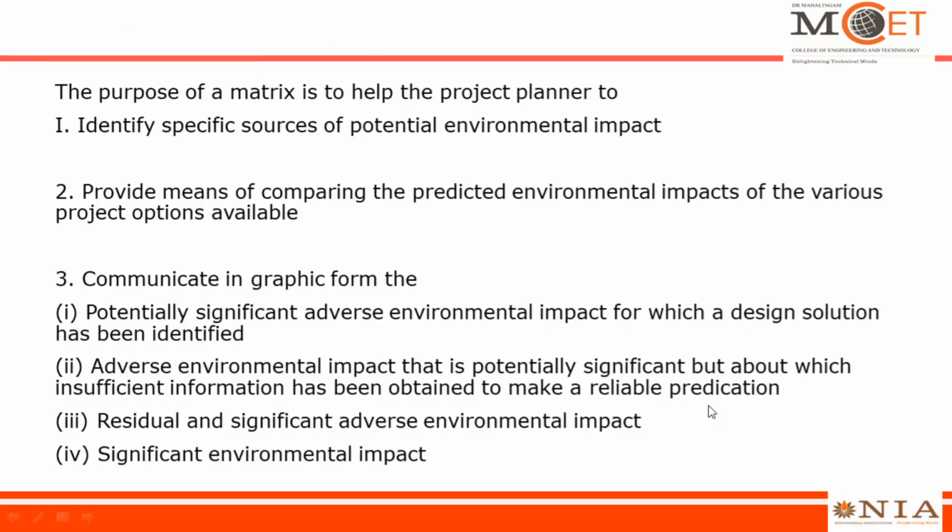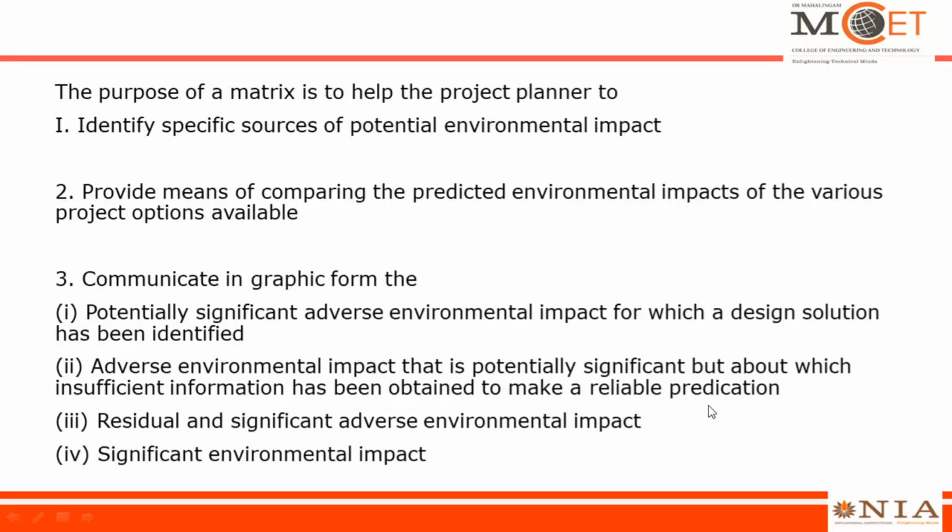The purpose of the matrix is to help the project manager identify specific sources of potential environmental impact, provide means of comparing the predicted environmental impacts of various project options available, and communicate in a graphic form the potentially significant adverse impacts for which a design solution has to be identified. It also covers adverse environmental impact that is potentially significant but about which insufficient information has been obtained to make a reliable prediction, right?